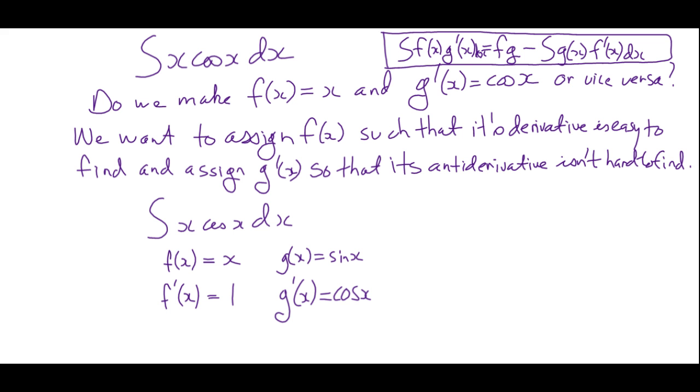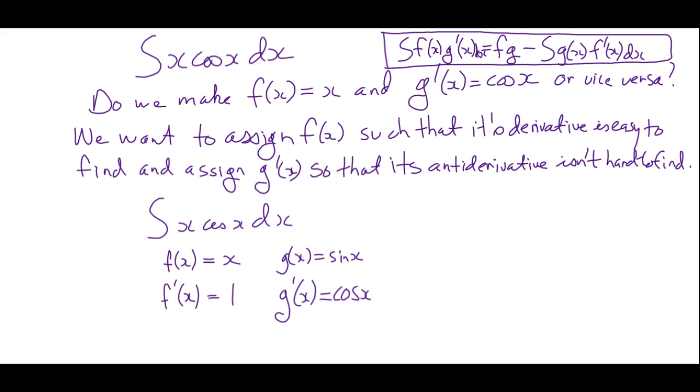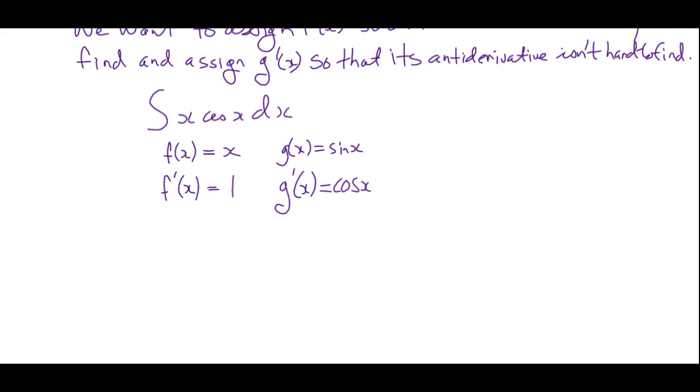So let's write this out. All we're doing now is just substituting into the formula. The formula needs 4 things, right? f, g, f prime, g prime. We assign f and we assign g prime. So what does this look like?